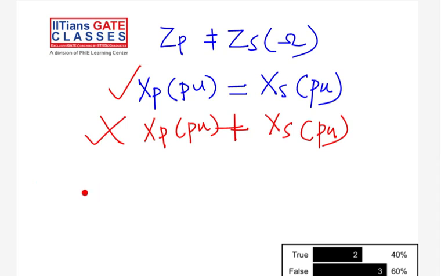That's why we are finally able to represent a transformer as X per unit as a single reactance, because the primary side and secondary side match. So what will be Z primary prime?